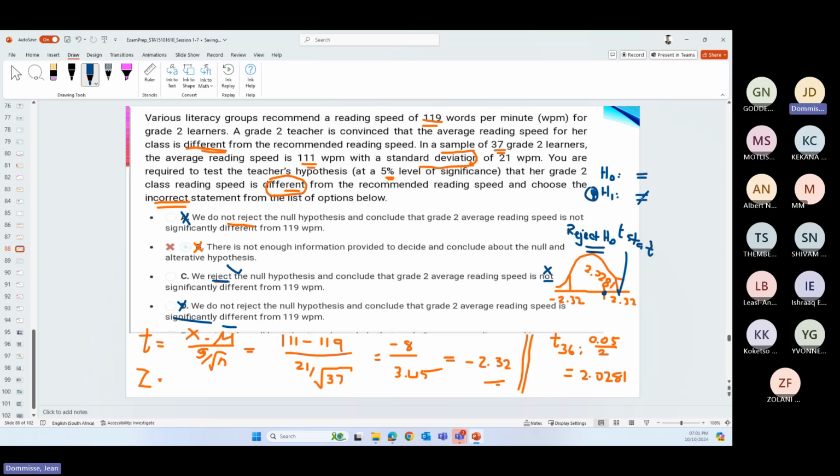By accepting the alternative, it tells us it is different. So it is significant different. So definitely there needed to be another option that I did not include, because we reject and we say that there is a difference.